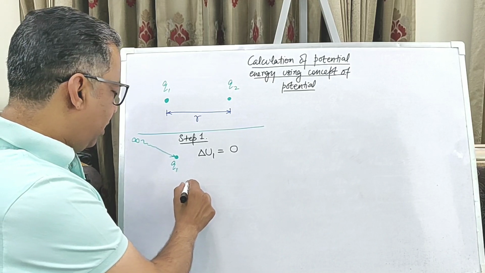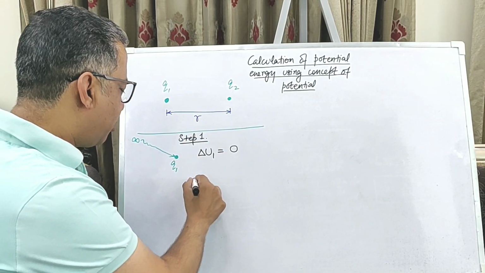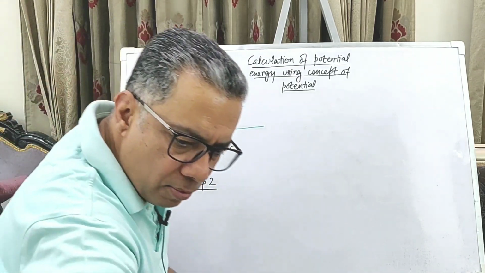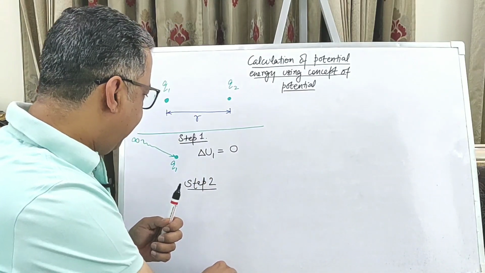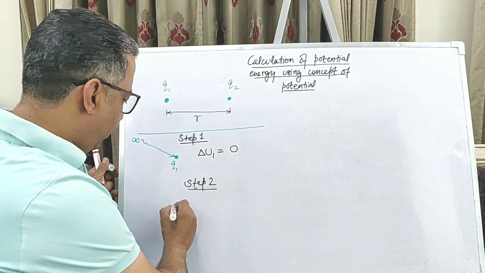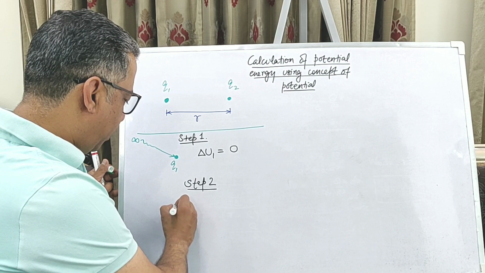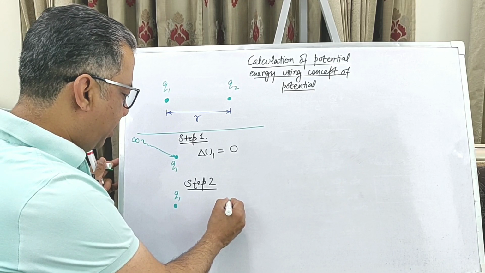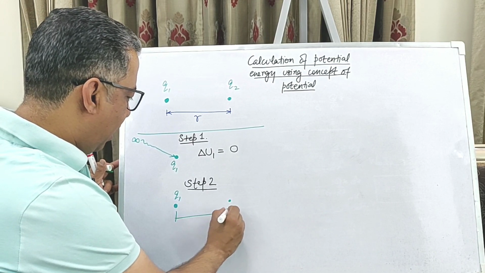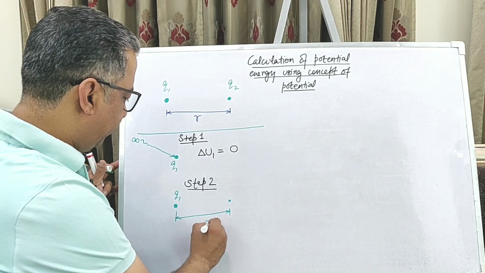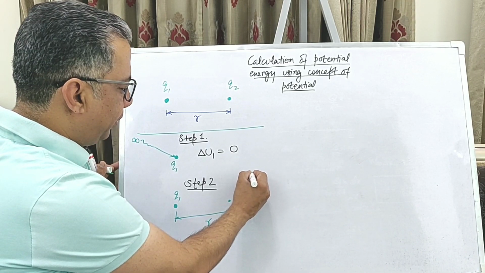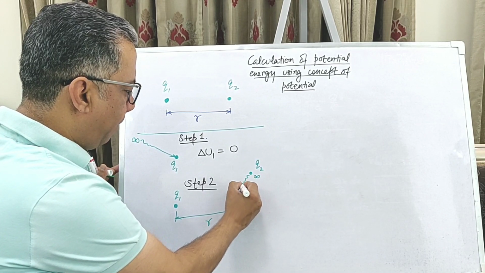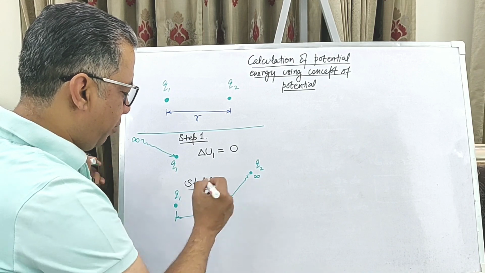Now let's introduce the second charge in step 2 of the process. Charge Q1 is already here, and this is the other point at a distance r from it. Now we pick up a charge Q2 at infinity and bring it all the way to this point.